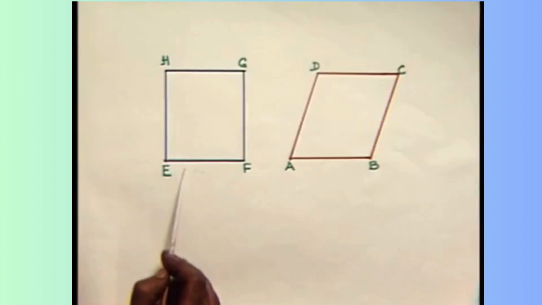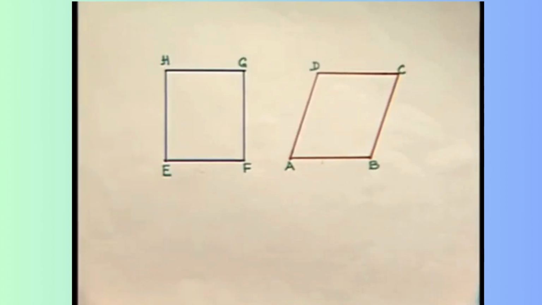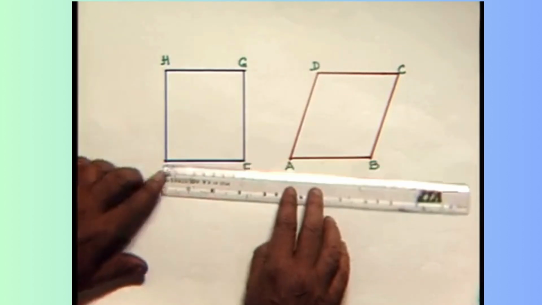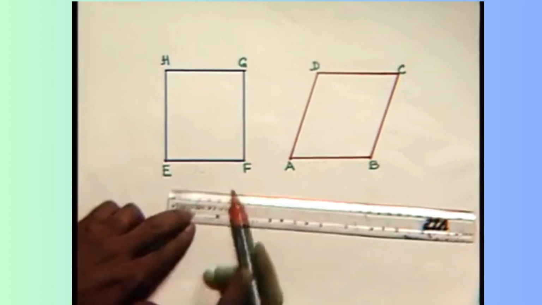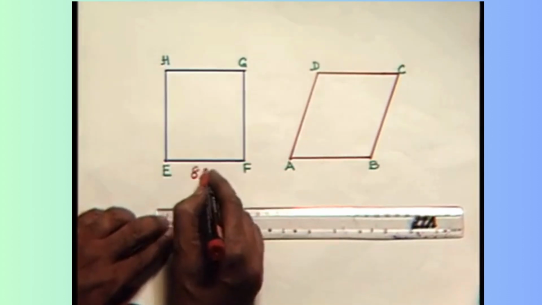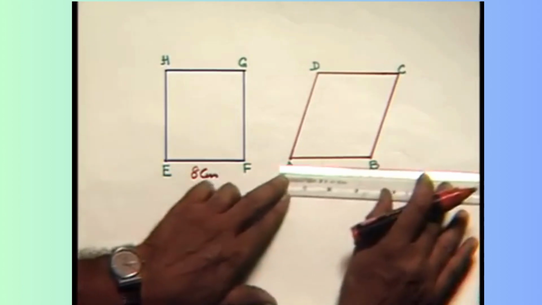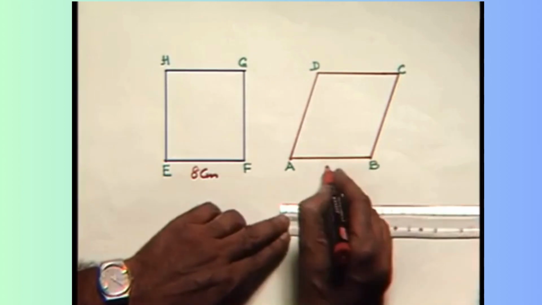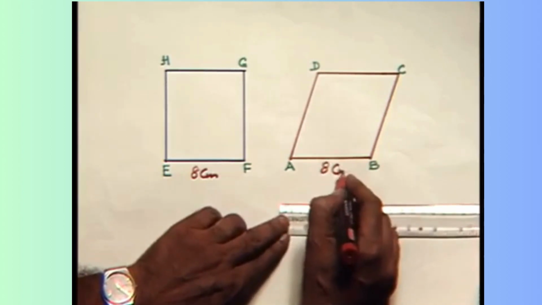Here the two figures are this and this. The side of this is 8 centimeters and the side of this rhombus is also 8 centimeters.